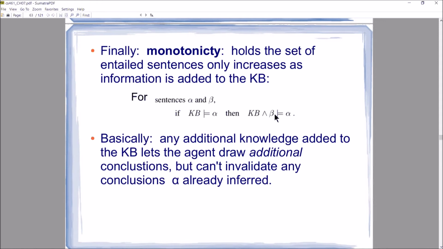You're not removing the ability to infer things. You're adding the ability to infer new conclusions, and you're not going to invalidate any of the conclusions that you could have inferred from an earlier version of the knowledge base. It only gets better. It doesn't get worse.